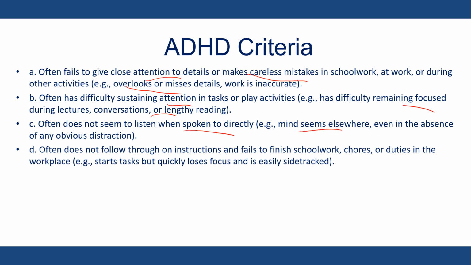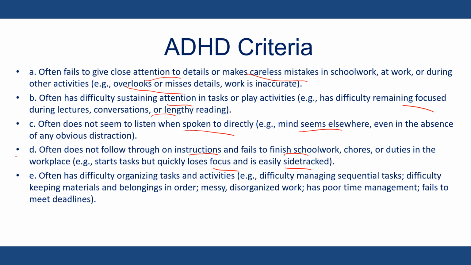Mind seems somewhere else. They're absent, not physically, but mentally they're absent. And D is often does not follow through on instructions or fails to finish their schoolwork or homework. They start a task but quickly lose focus, easily sidetracked.